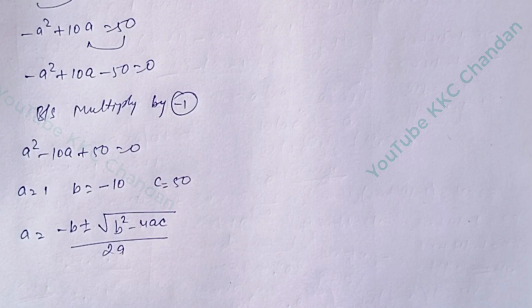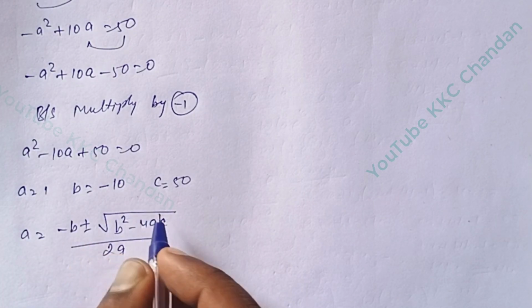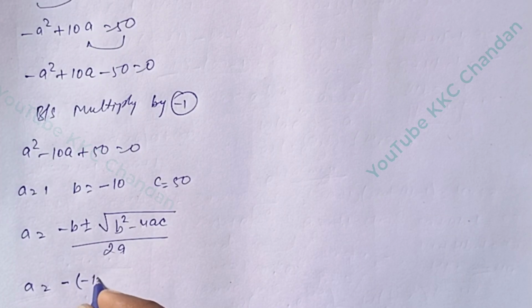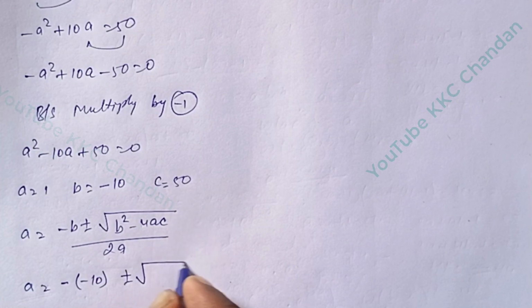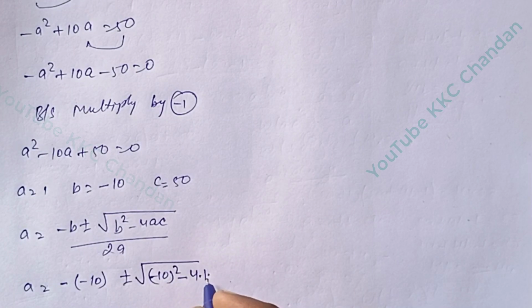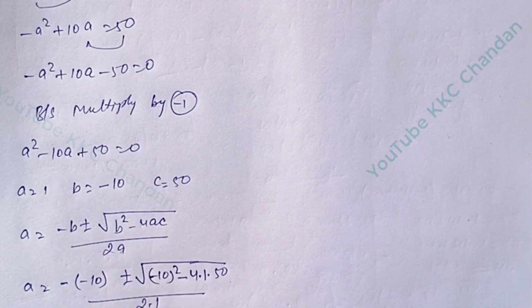Put the values of a, b, c: a is equal to minus into minus 10 plus minus root under minus 10 square minus 4 into 1 into 50, divided by 2 into 1.